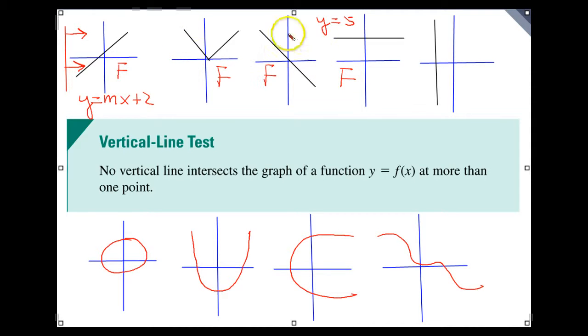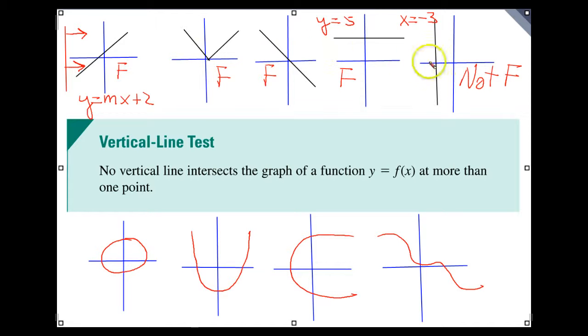So these are sort of our main ones, and then we have this one, which is x equals, let's say, negative 3, this black line. Does this pass the vertical line test? And the answer is no. So it's not a function because it intersects an infinite number of places.